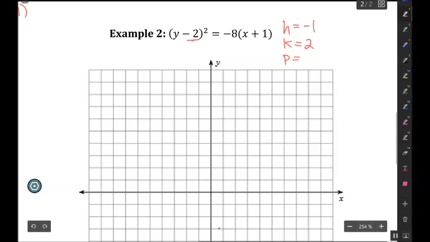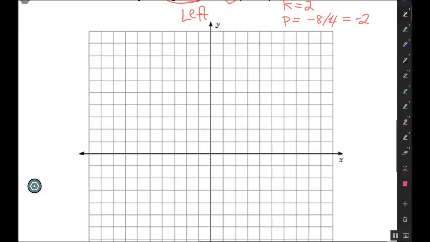P is negative 8 divided by 4, which is negative 2. If you look right here, the y being squared is going to be left or right, and this is negative, which tells me this is going to be left. Okay, so our vertex is negative 1, 2.